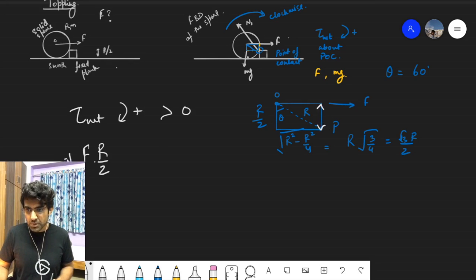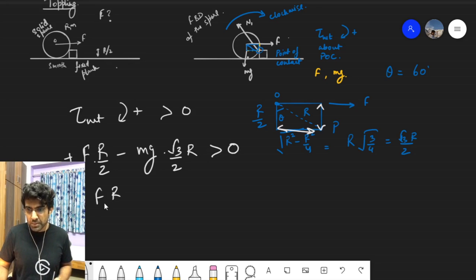And this is positive torque because we are considering clockwise as positive, minus the torque due to mg, which is negative because it is anti-clockwise, and the arm comes out to be this length, which is root 3 r by 2, should be greater than 0.